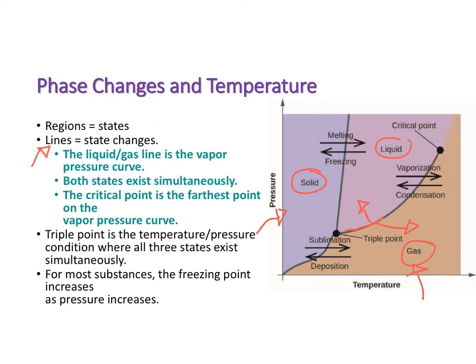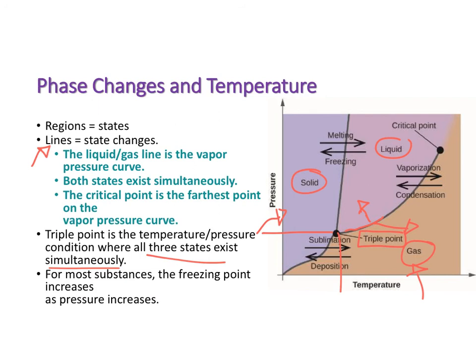Whenever you have everything cross and intersect, you have something called the triple point. Although this is weird and it's very hard to imagine, you can have all three states exist at once. I know it's weird, but it can happen at a certain temperature and a certain pressure.